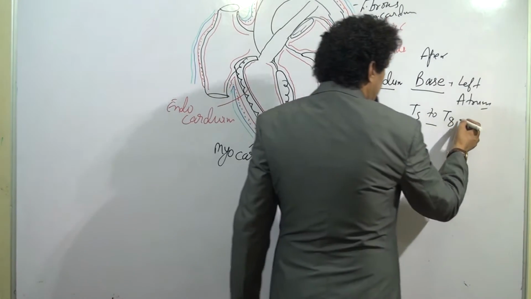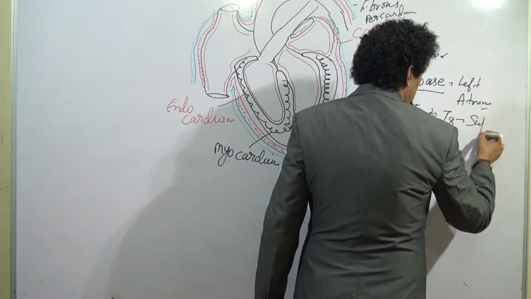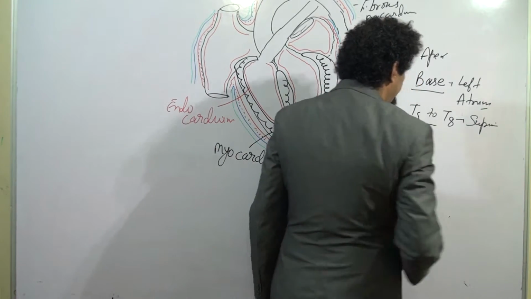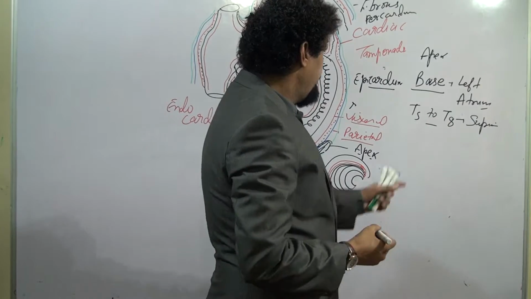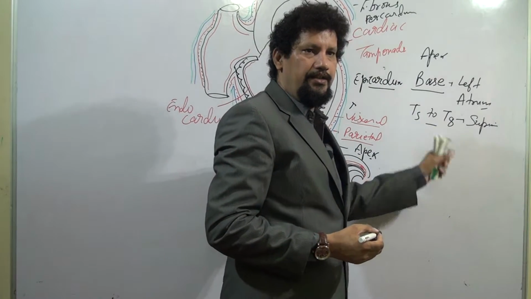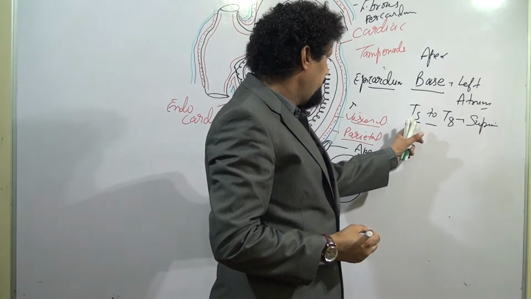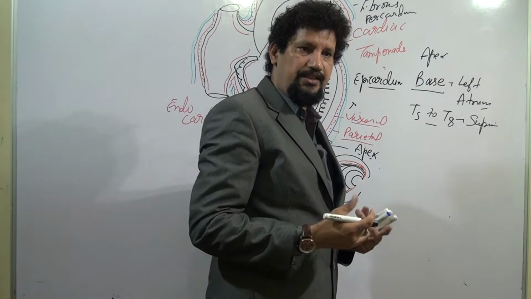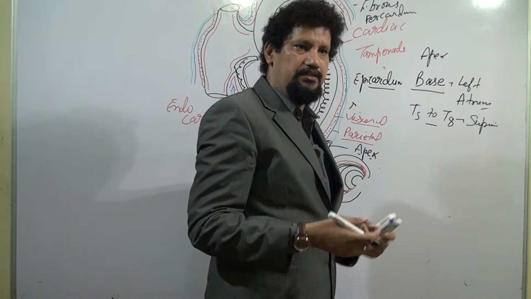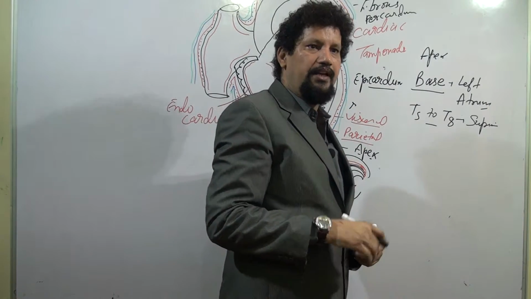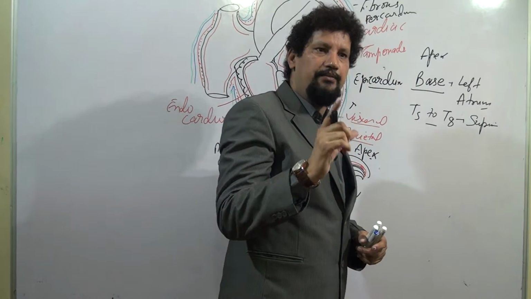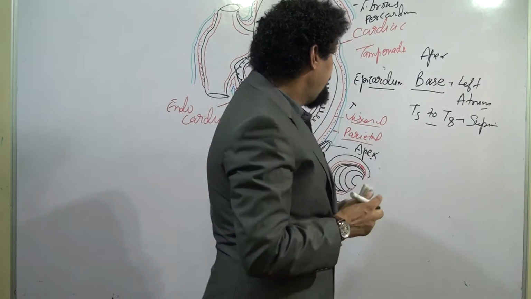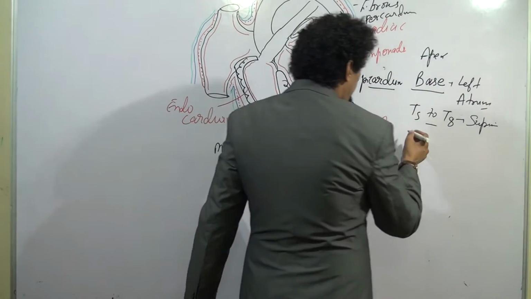So in supine it is opposite to the T5 to T8 vertebrae, and in erect posture, when the person stands from the supine position, the heart will descend by one vertebra and the level will be T6 to T9.